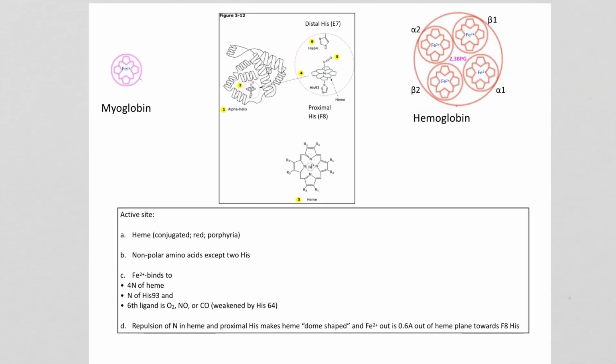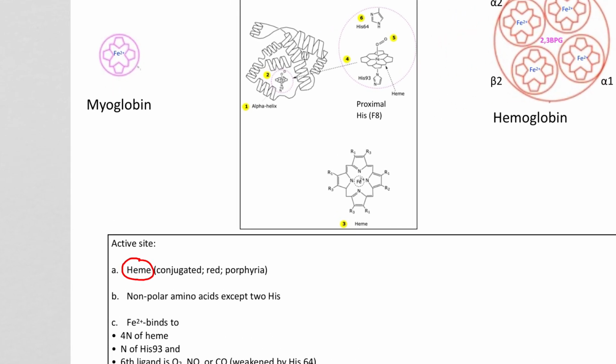The active site of myoglobin as well as hemoglobin contains a few components. One is an organic molecule that is called heme. Heme is a highly conjugated chemical. You can see there is single, double, single, double, single, double bonds, and so on.